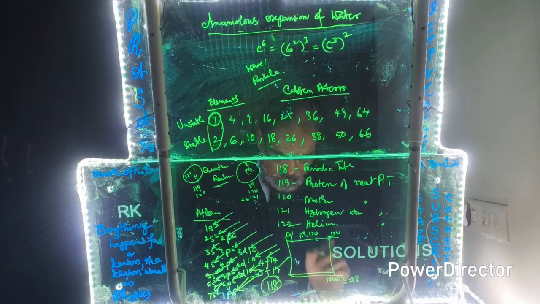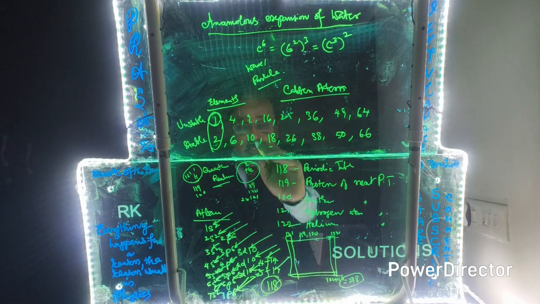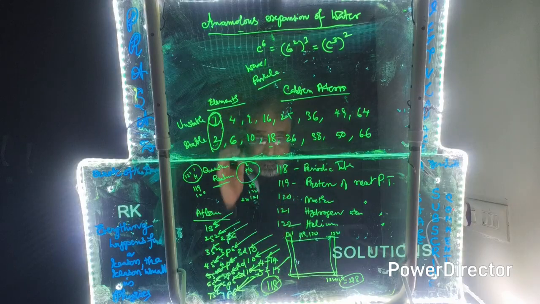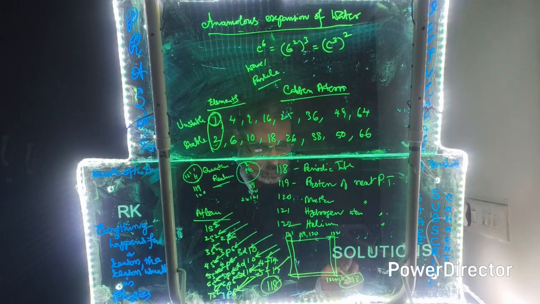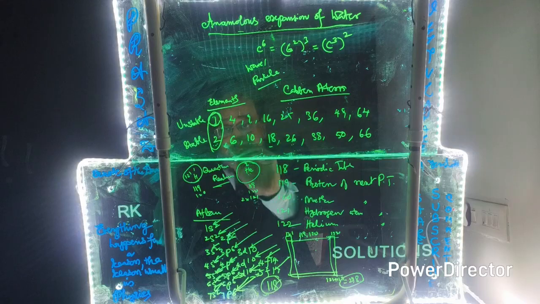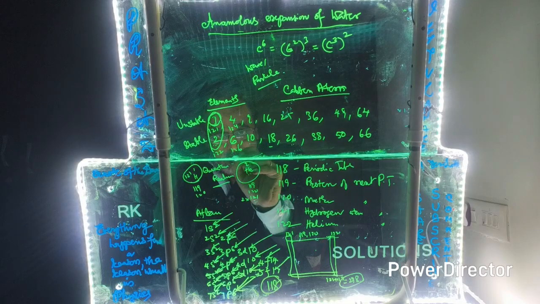The 298th element will be here, right? So what I mean to say is the new table starts with 121 and ends with 298, and this is like 121, this is like 122, this is like 124, this is like 126.